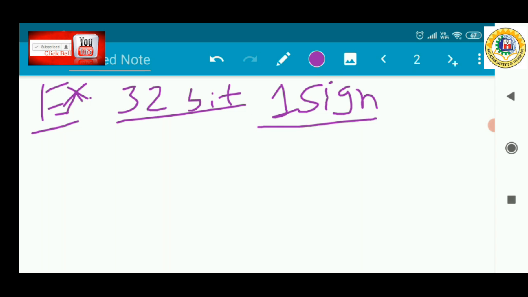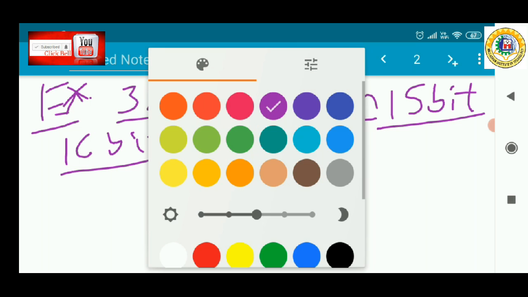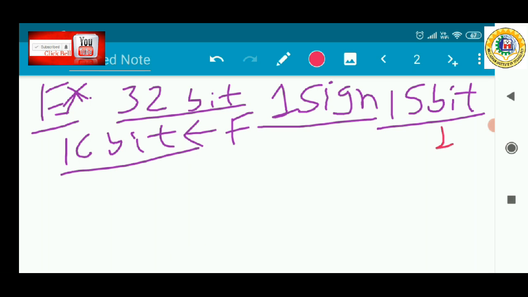I have already said that we only require 1 bit for sign, and this representation uses 15 bits for the integer part and 16 bits for the fractional part.